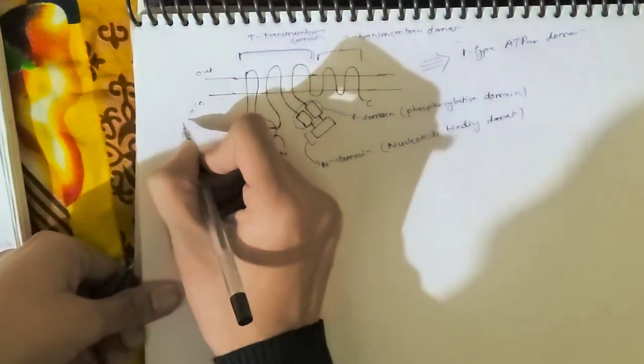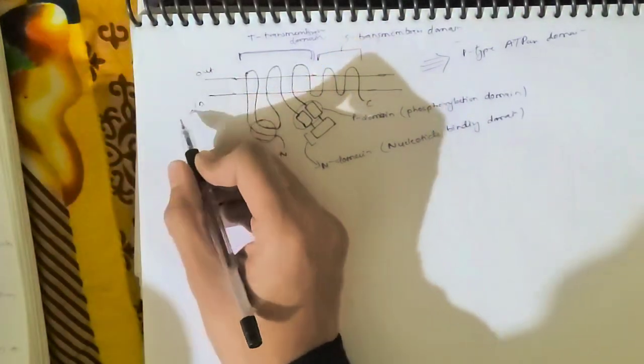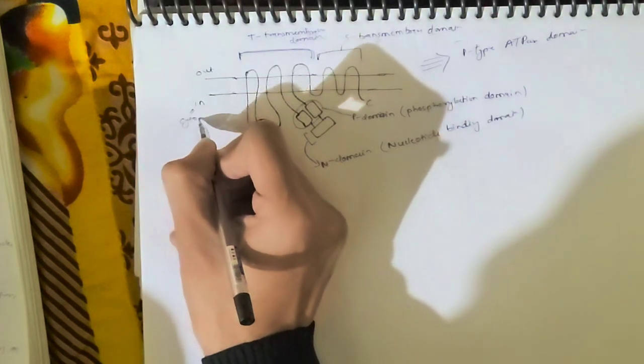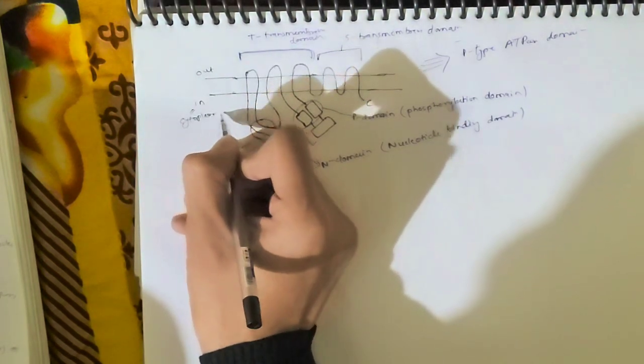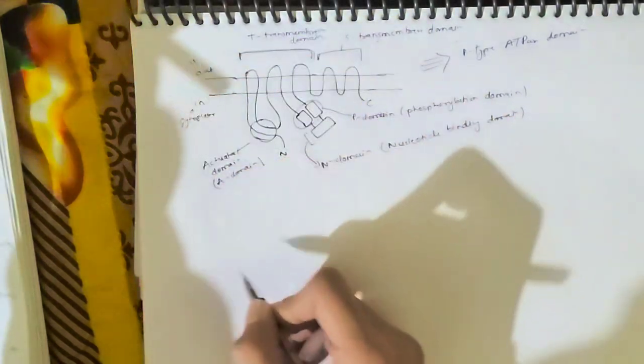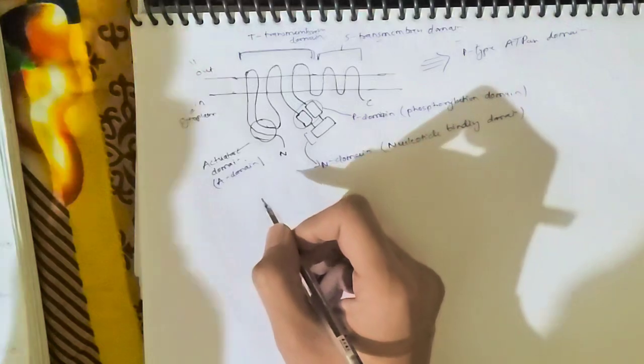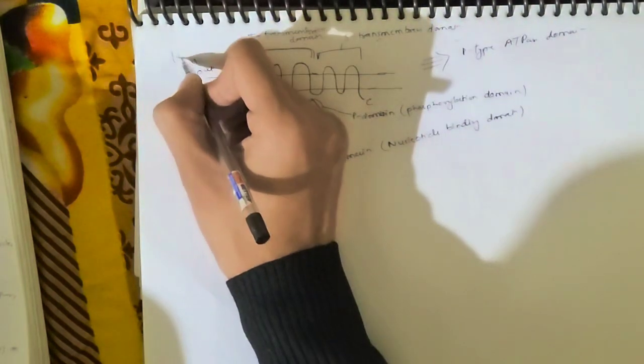What do I mean by in? It is mainly cytoplasm. Out can be either extracellular fluid or lumen of vesicles and Golgi body and or other organelles. Okay.